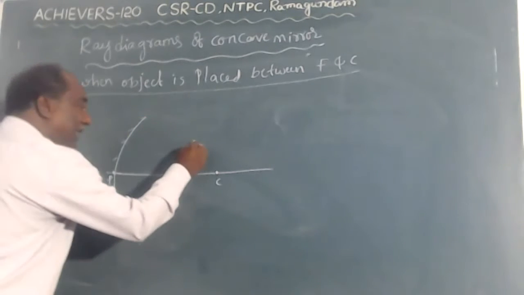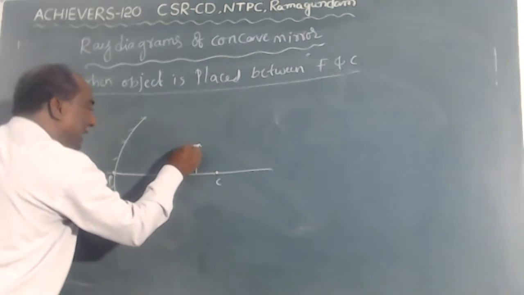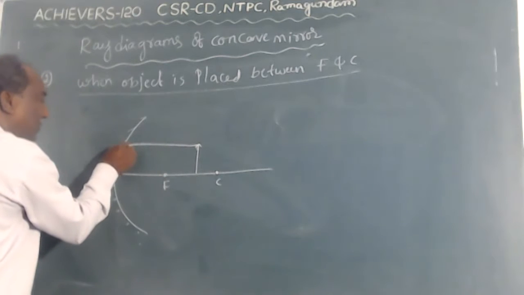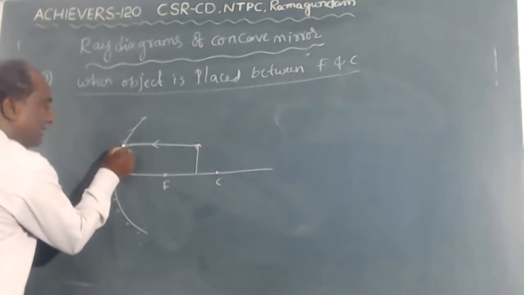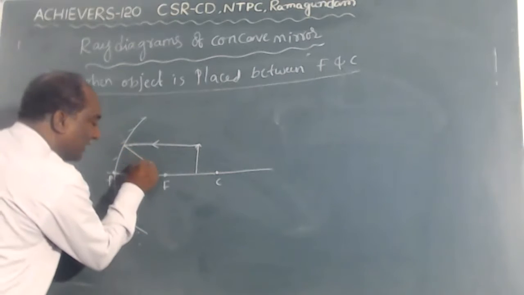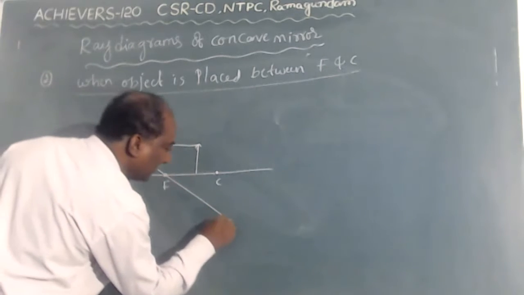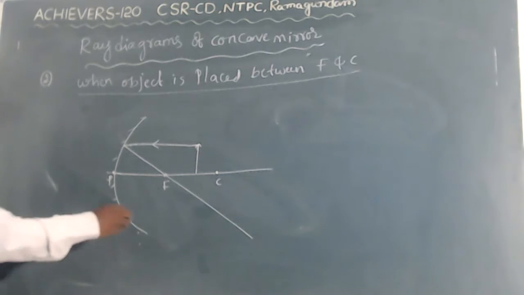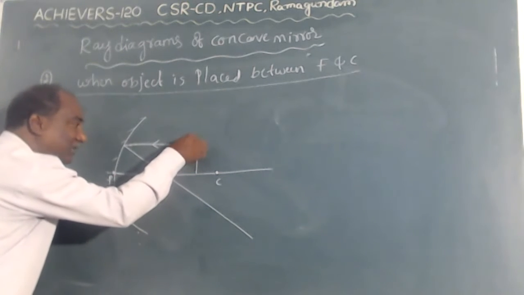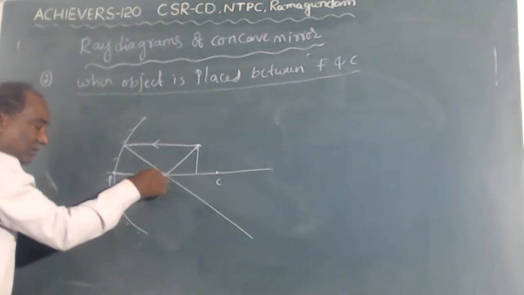Now a parallel ray comes from the tip of the object and strikes the curved surface of the mirror. The reflected ray passes through the focus. And the second ray, which comes from the object, passes through the focus.